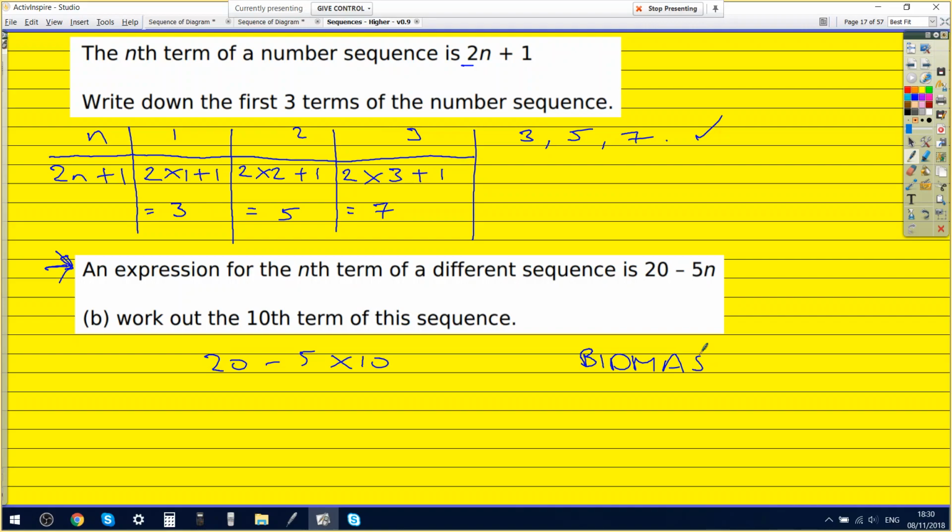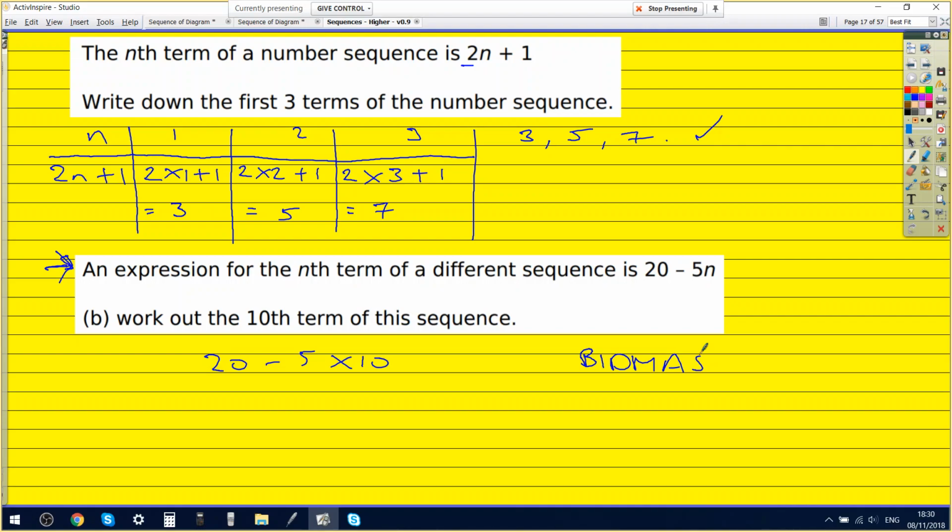Have you heard of it? What comes first, subtracting or multiplying? So say that again, subtract or multiply? Yeah. BIDMAS, which one comes first, subtracting or multiplying? Multiplying.